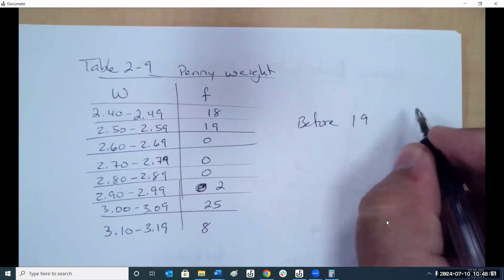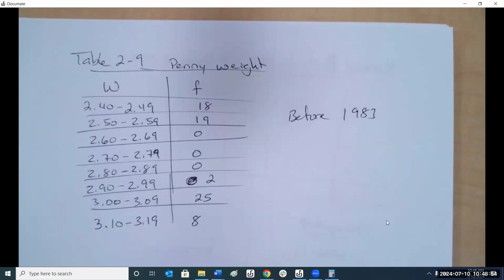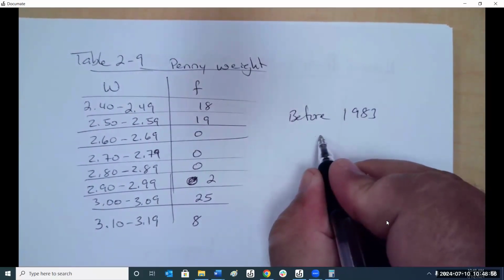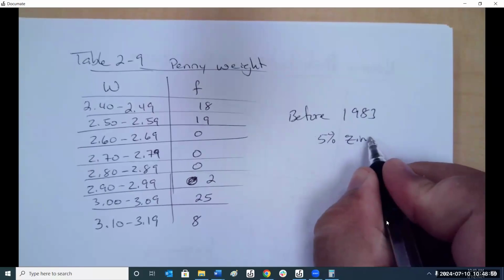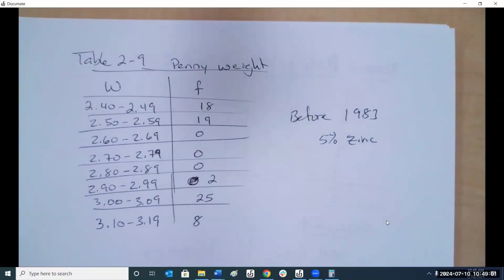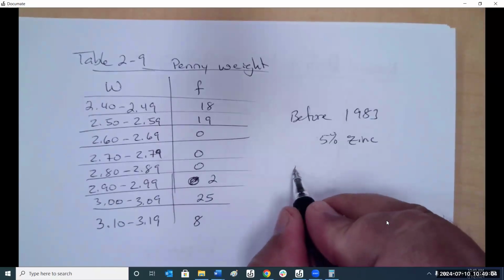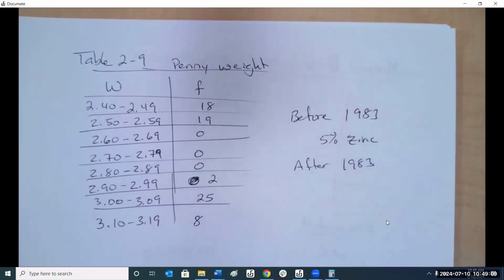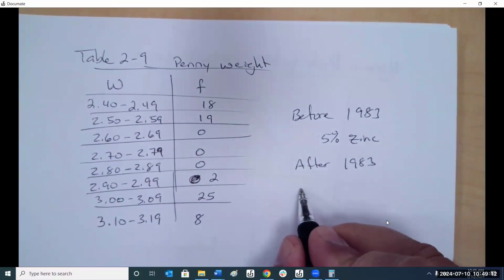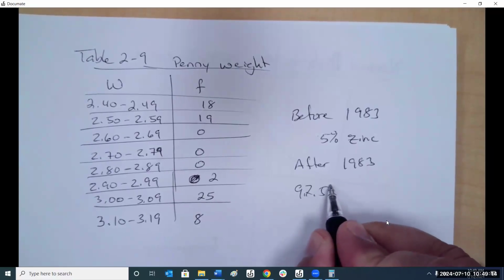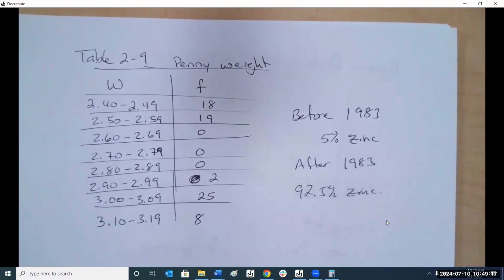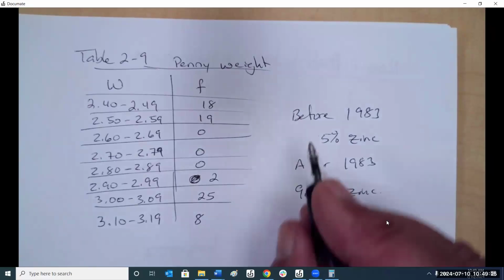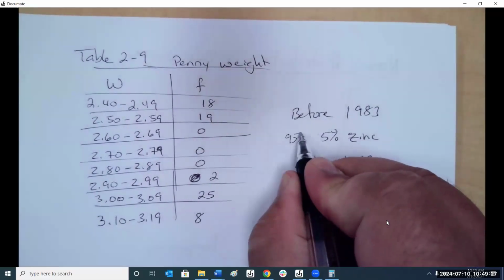So pennies before 1983 had mostly copper and then 5% zinc. After 1983, they were 97.5% zinc and the rest copper. So before 1983, it was 95% copper.